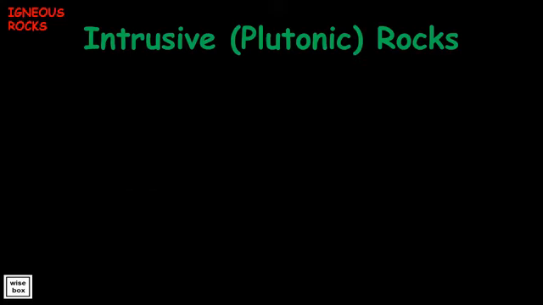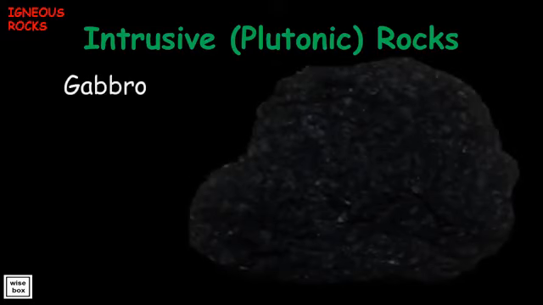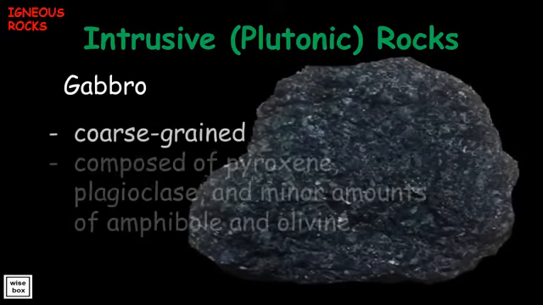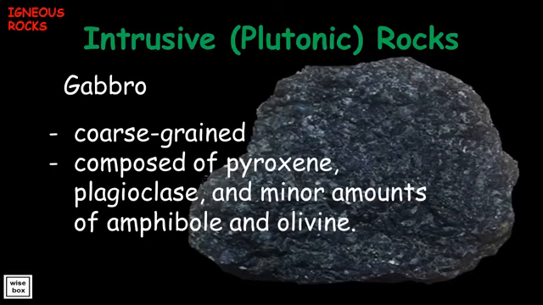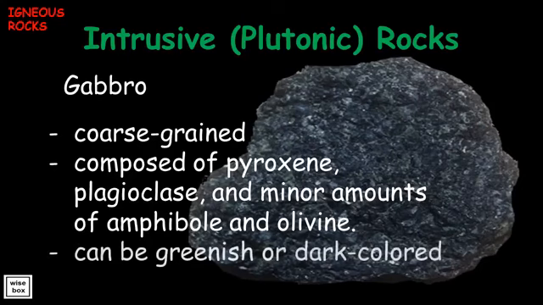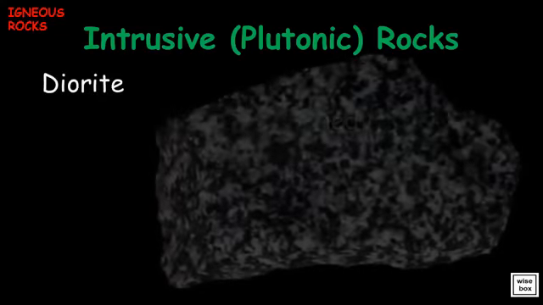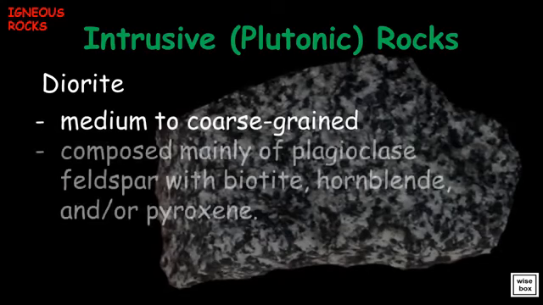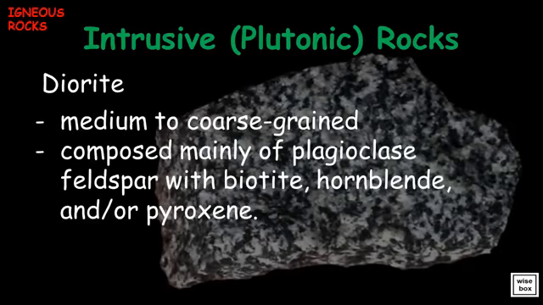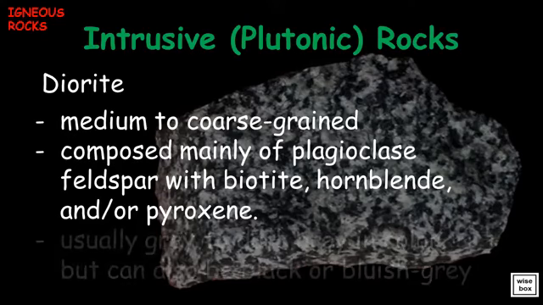Another intrusive rock is gabbro. It is coarse-grained, composed of pyroxene, plagioclase, and minor amounts of amphibole and olivine, and it can be greenish or dark-colored. Diorite. It is medium to coarse-grained, composed mainly of plagioclase, feldspar with biotite, hornblende, and/or pyroxene.